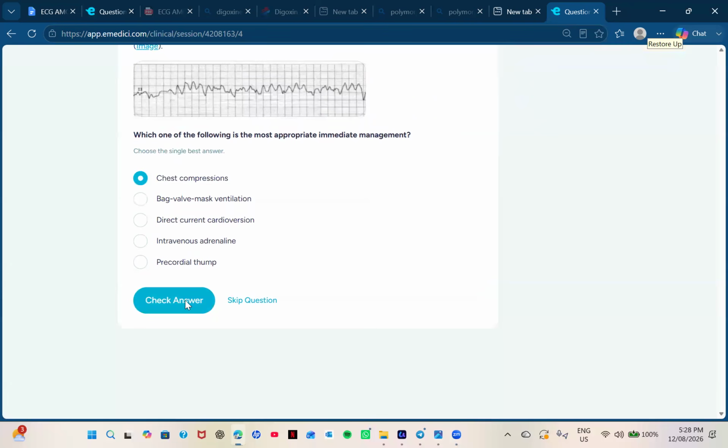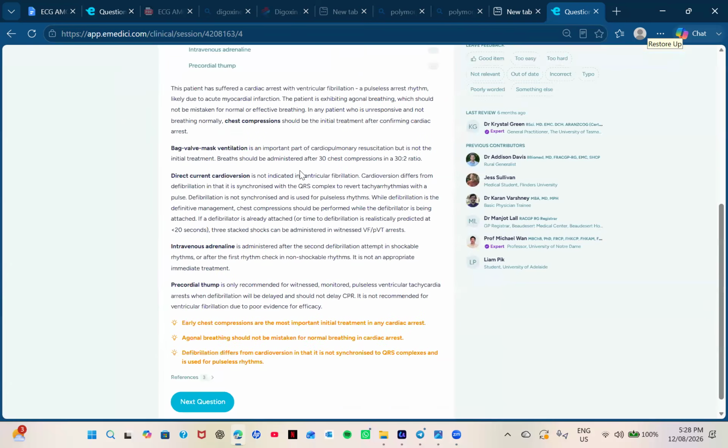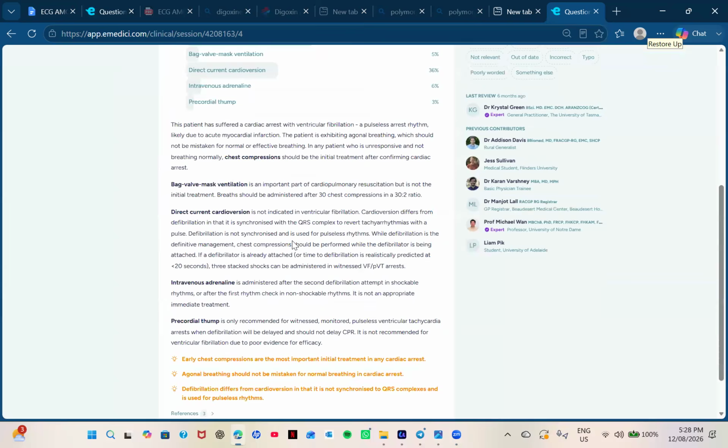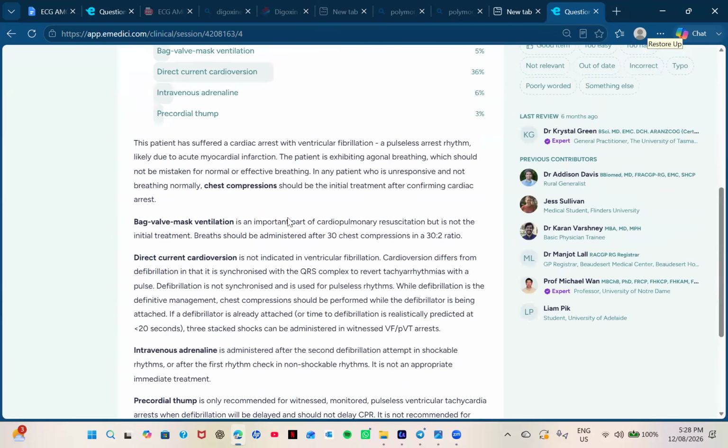Here, the most important thing is chest compressions. The patient has suffered a cardiac arrest with ventricular fibrillation, a pulseless arrest rhythm, likely due to acute MI. The patient is exhibiting agonal breathing, the gasping, which should not be mistaken for normal effective breathing.